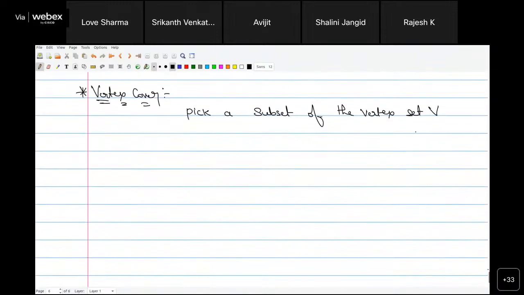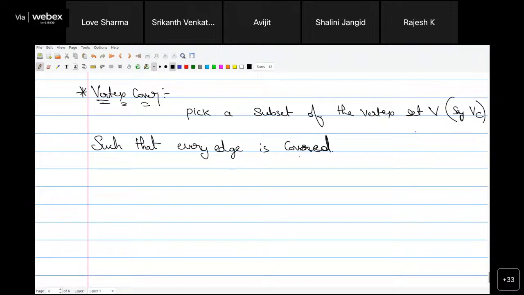So vertex cover is actually you have to pick a subset of the vertex set. Let's say the subset is VC such that every edge is covered. So I will again define this.